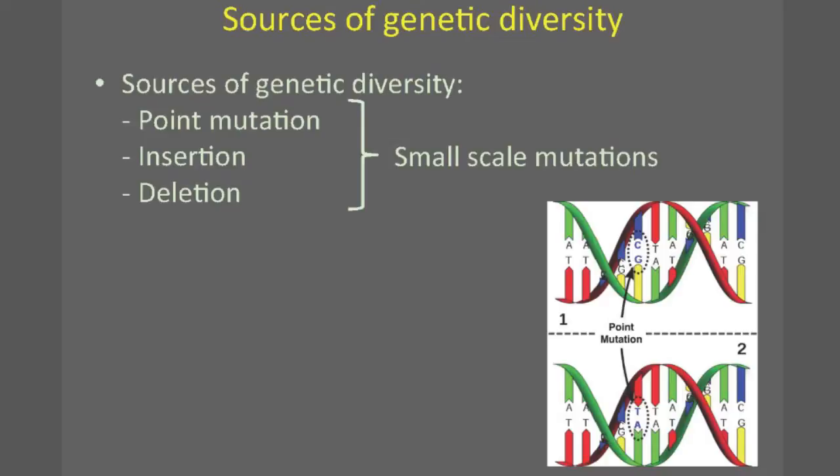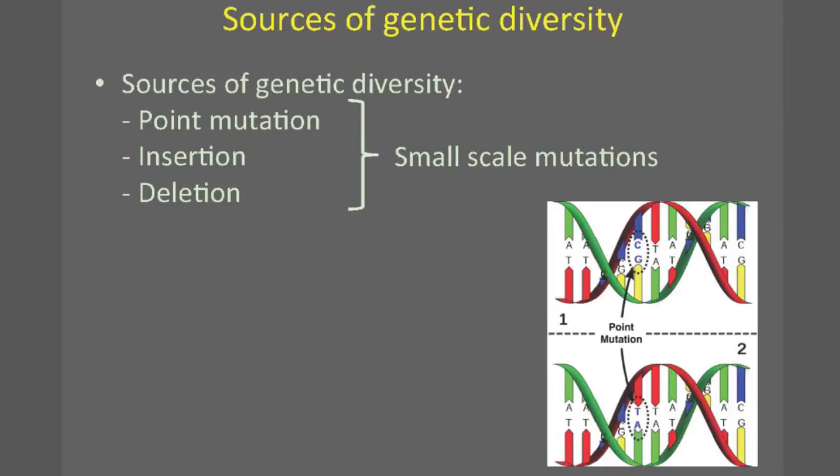On top there is a C, and the DNA strand on the bottom contains a T instead of the C. So this is a point mutation. It's the change on the level of a single base pair. And of course, a single base pair can also be deleted, or for instance duplicated, or inserted. So those are the changes in the DNA on the level of a single base pair.